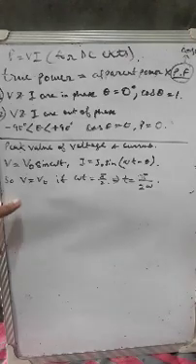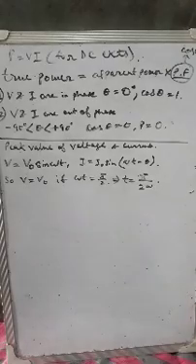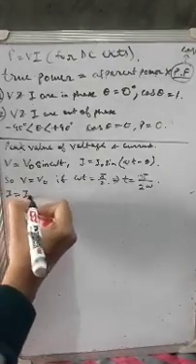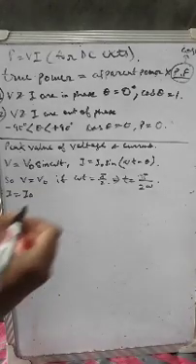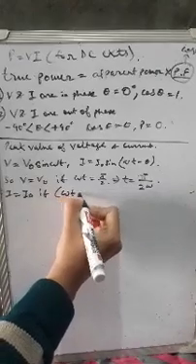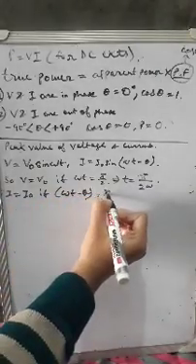Similarly, the voltage case we have covered. Now we will see the current part. I will be equal to I naught when omega t minus theta is equal to pi by 2.